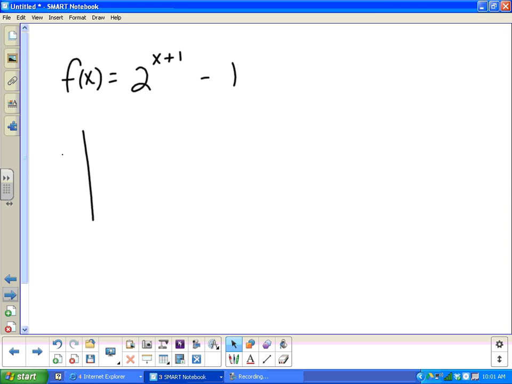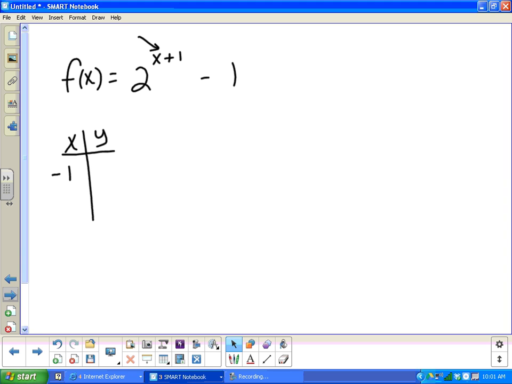Now let's start off with my t-table. Y'all look at the exponent. This time the exponent is not just x, it's x plus 1. So what would make the exponent 0? If x was negative 1, then that exponent would be 0.